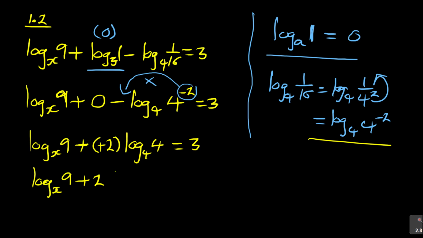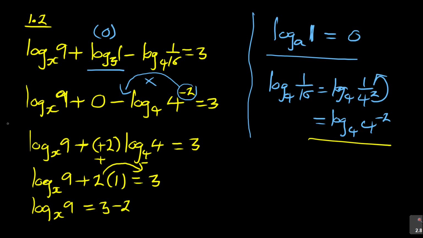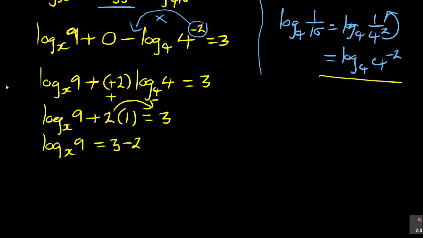You can test it with the calculator. So 2 times 1 is 2, is equal to 3. It will go to the other side. It's positive, and when it jumps the equal sign, it will become negative. So you have log in base x of 9 is equal to 3 minus 2. Are you with me? Then you continue. Log in base x of 9 is equal to 3 minus 2, which is 1.